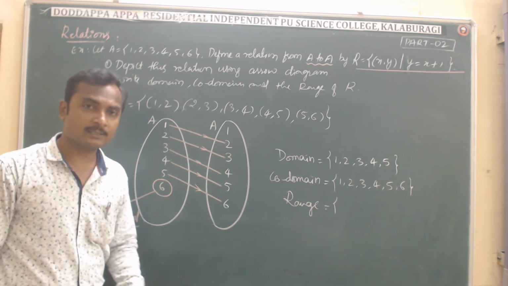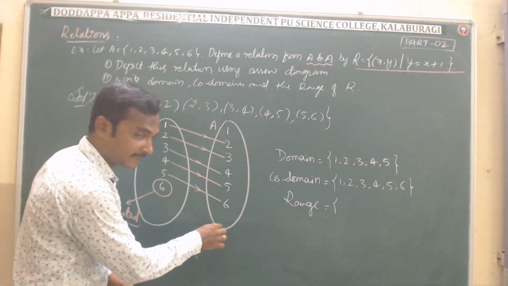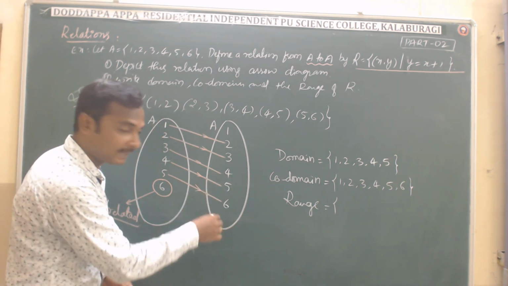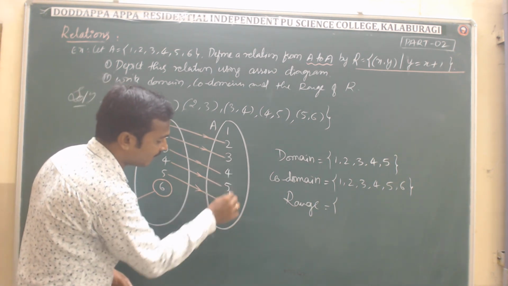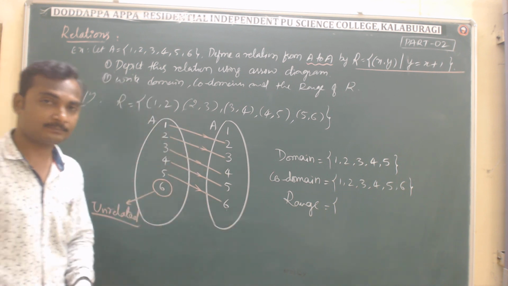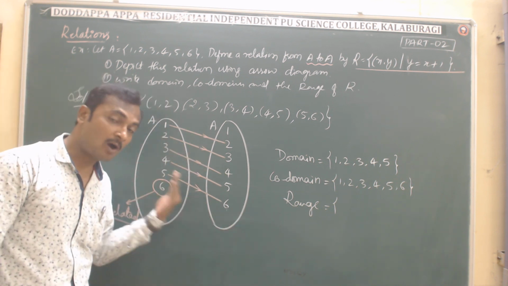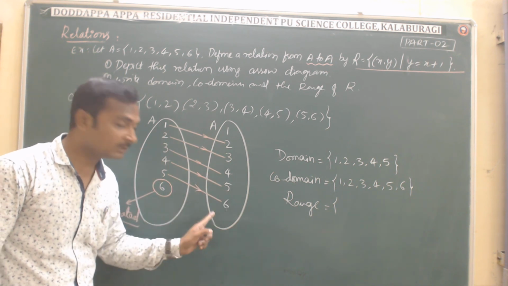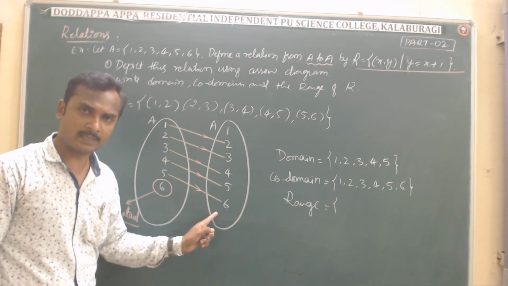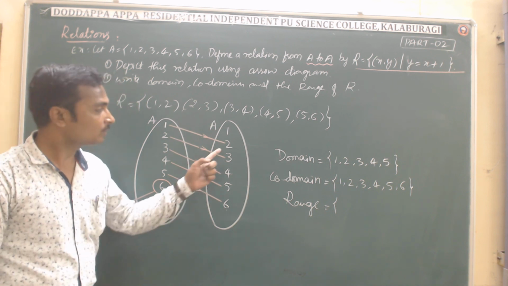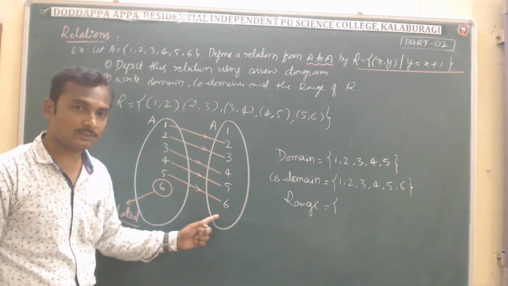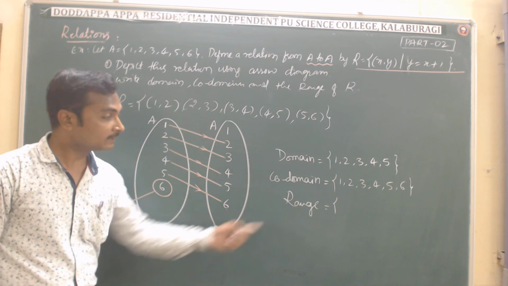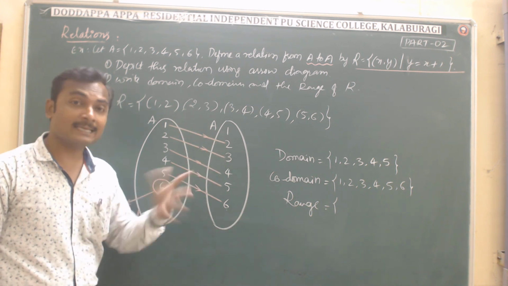What about the range? The range consists of those elements in the second set which got a relation from the first set elements. What are the elements of the range? 2, 3, 4, 5, 6. 1 is not an element of the range because 1 is unrelated.